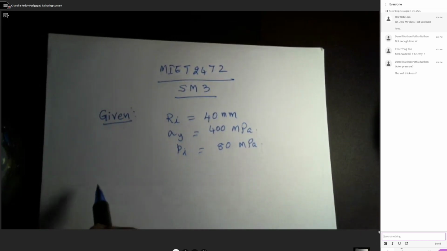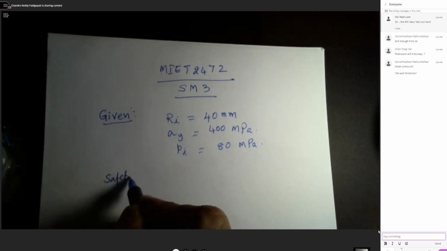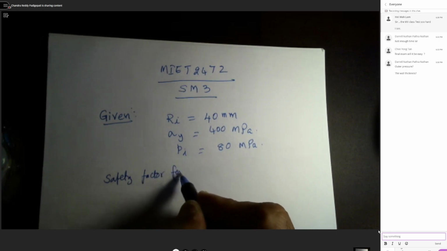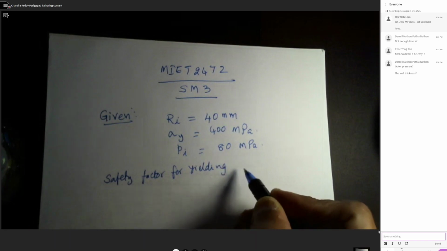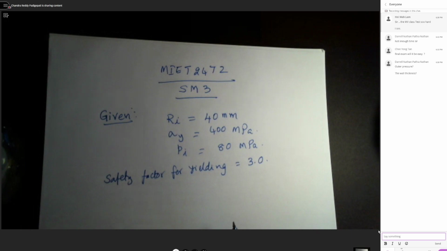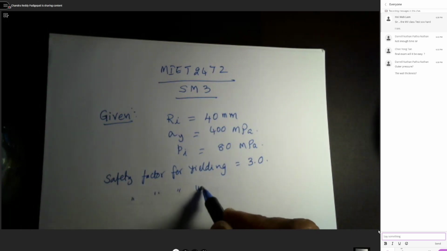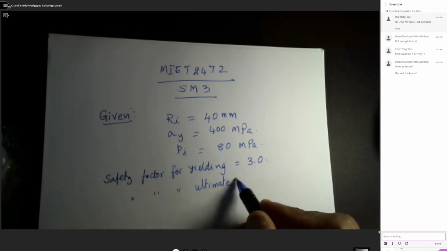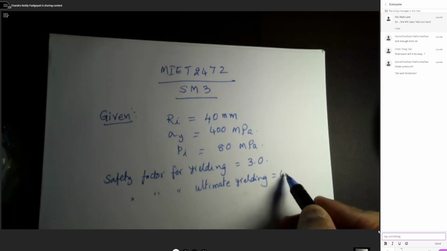The safety factor for yielding is given as 3.0. Then the safety factor for ultimate yield stress is 4.0.